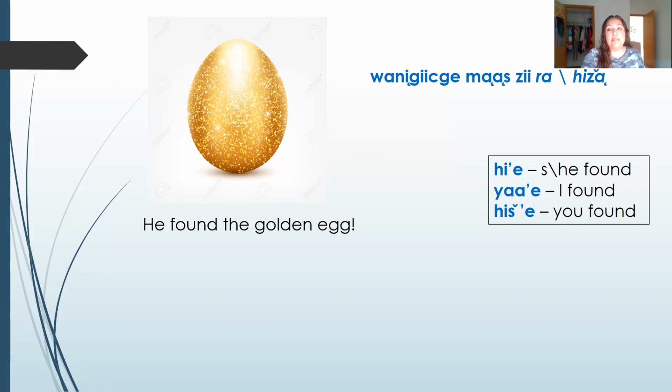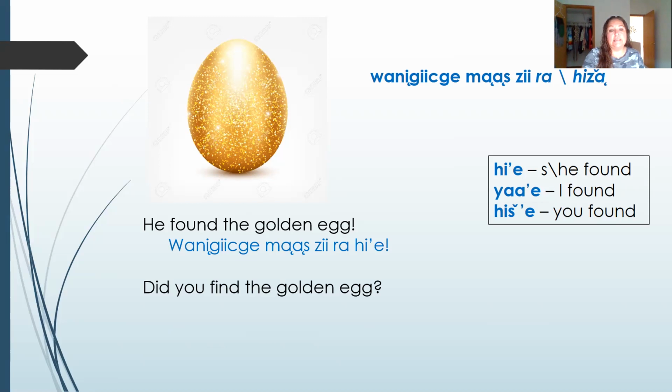How are we going to put this together? We've got noun and a verb. Wanagishke mas'zira hi'e. Next, did you find the golden egg? Wanagishke mas'zira hish'e.